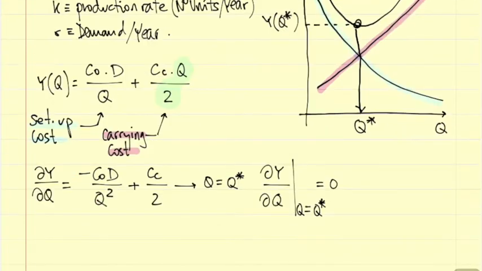So we end up with minus CO D divided by Q star squared plus CC divided by 2 equals 0.